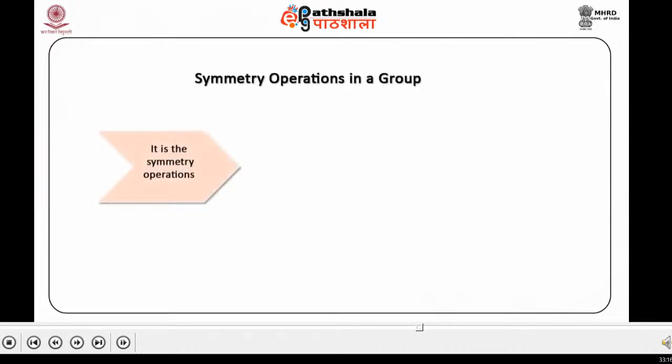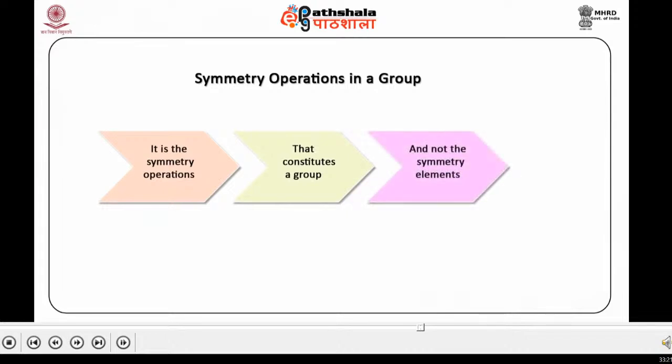It is the symmetry operations that constitute a group and not the symmetry elements.